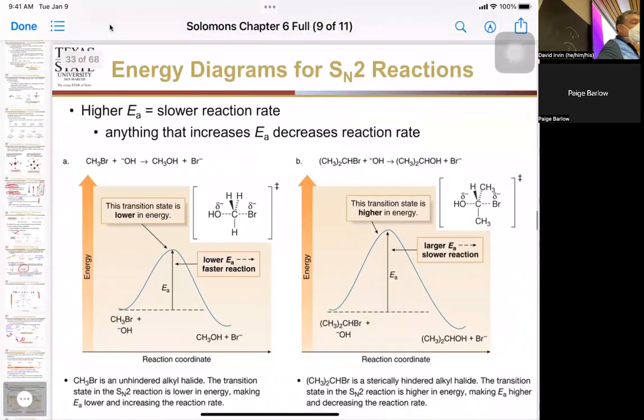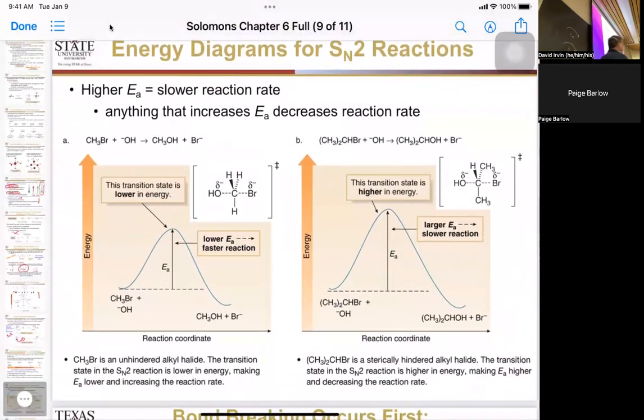So let's talk about that energy diagram again. Okay. So the higher the activation energy, the slower the reaction. Lower the activation energy, the faster the reaction, right? So if it's easier to get to this transition state because we have less bulky groups, the activation energy is lower.